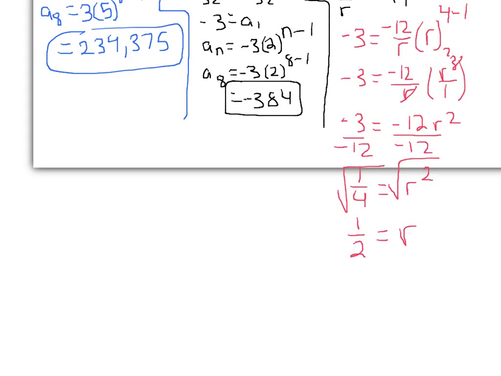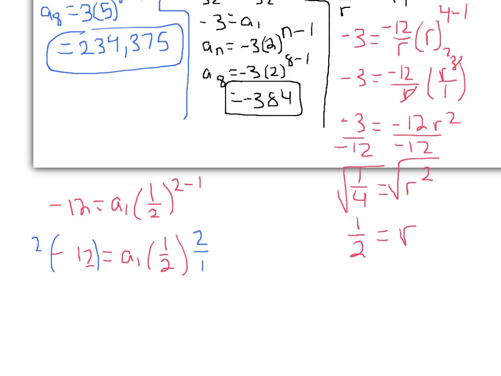So what we have to do is go back to that first piece again, where you say negative 12 equals a sub 1 times 1/2 to the 2 minus 1. So negative 12 equals a sub 1 times 1/2. So you have to multiply by the reciprocal. So you get a sub 1 equals negative 24.